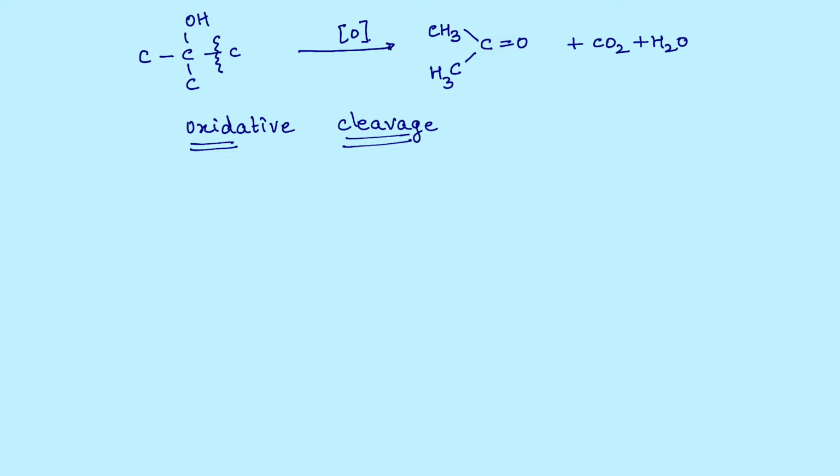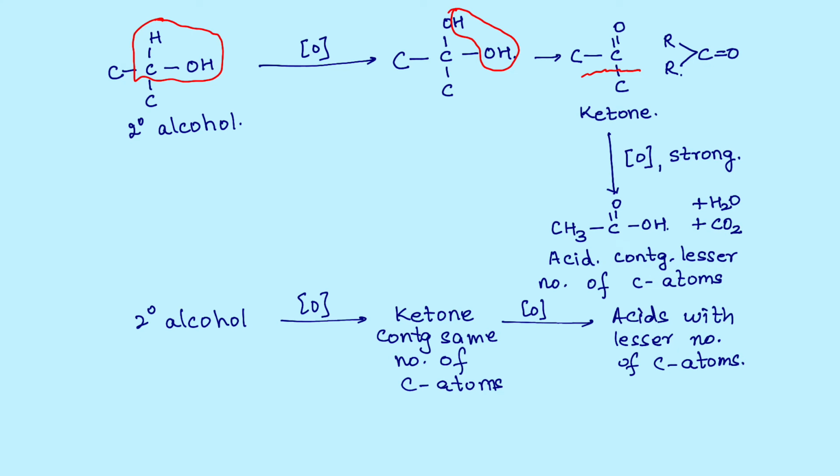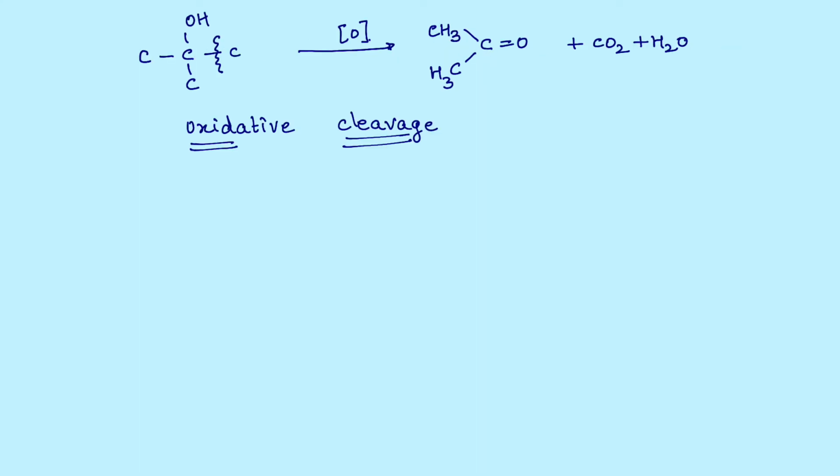How? Can you connect to your learning in the previous slide? Try it. So what has happened over here? Oxidation has taken place, but by breaking off the bond, and that too under drastic conditions.